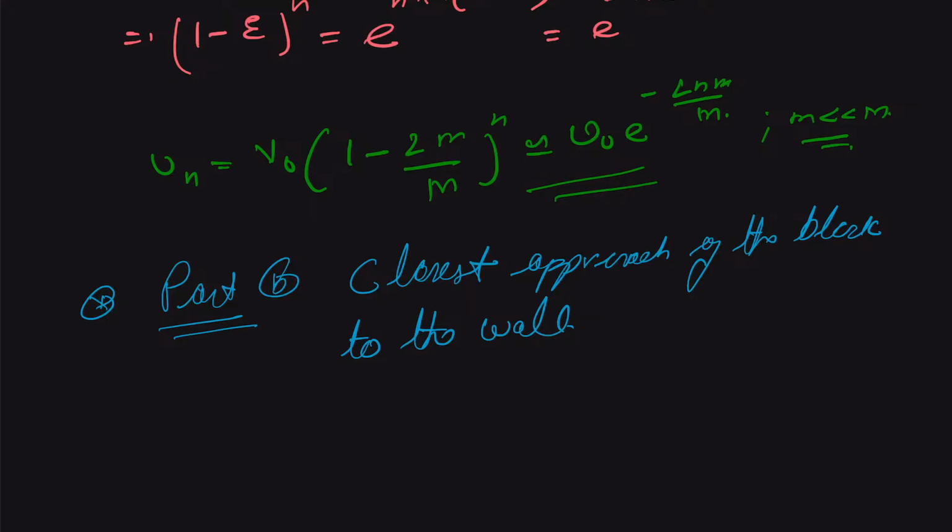Closest approach means, because we know that after every collision the block reduces its speed only slightly, at some n number of collisions the block will come to a standstill. Its velocity will be equal to 0, and that distance where the block's velocity becomes 0 will be called the closest approach distance of the block to the wall.